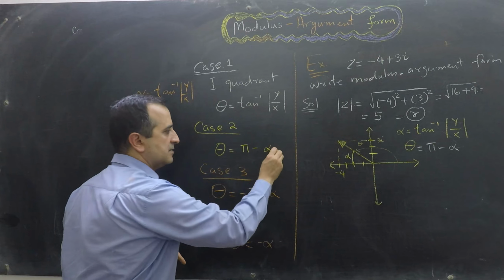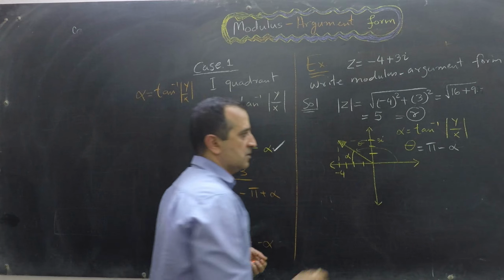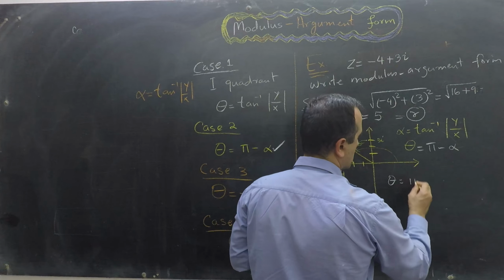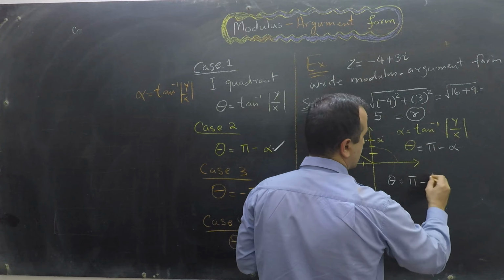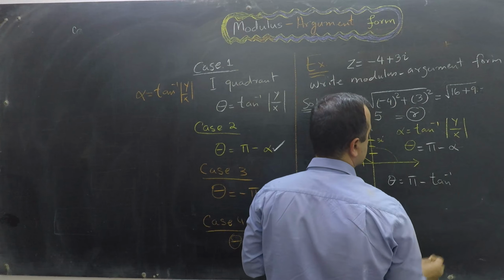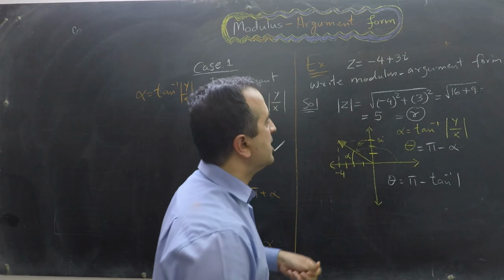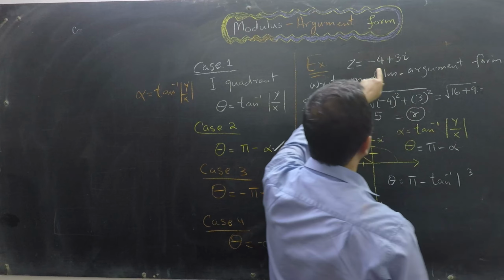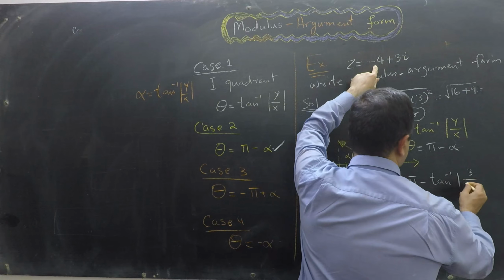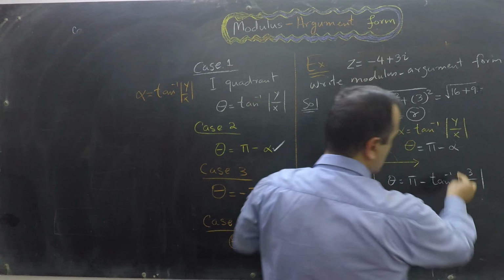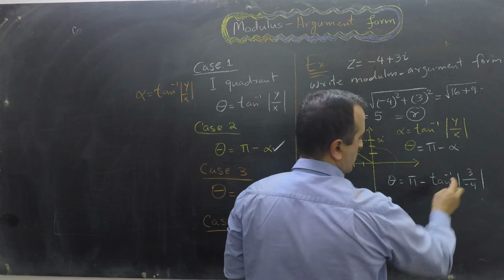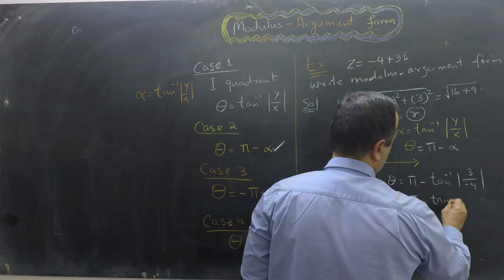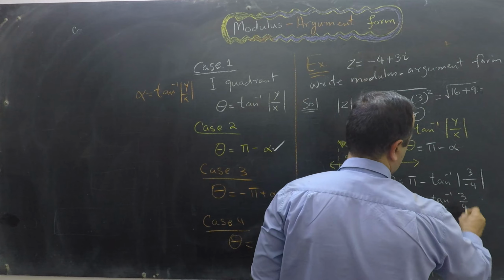So we're using this case in this example. So my theta will be equal to pi minus alpha, where alpha is tan inverse, and my y is 3, and my x is minus 4. Because of the mod, the sign will be ignored, so it will be equal to pi minus tan inverse 3 over 4.